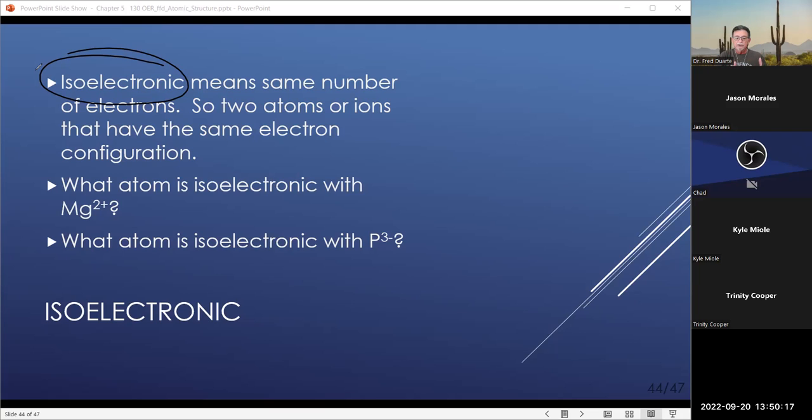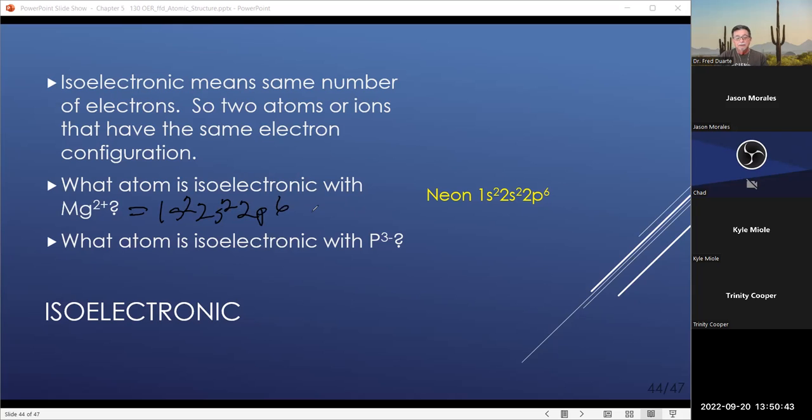They have the same number of electrons. So, for example, if we write the electron configuration, which we did earlier, for the magnesium ion, it has the same electron configuration as neon.